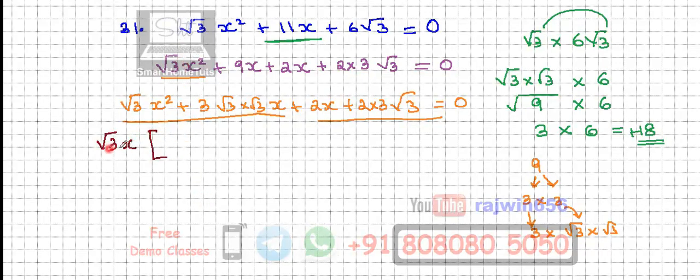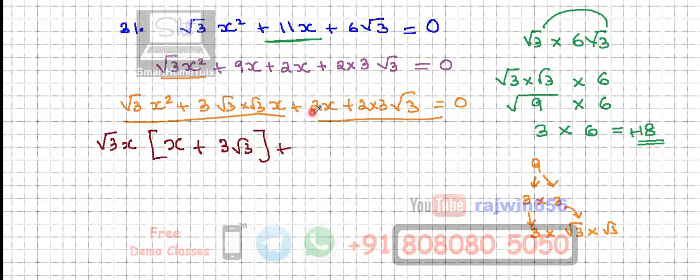Root 3 and x are outside, from x square, x is outside. What is going to remain over here is only an x. Plus, from these parts, root 3x is out. What is remaining here? 3 root 3.